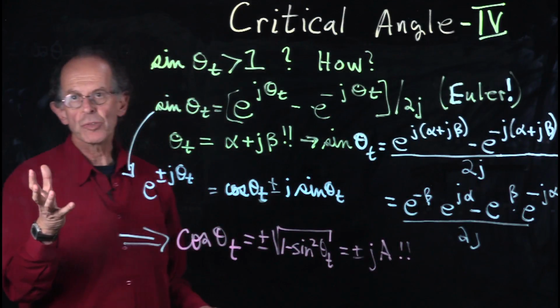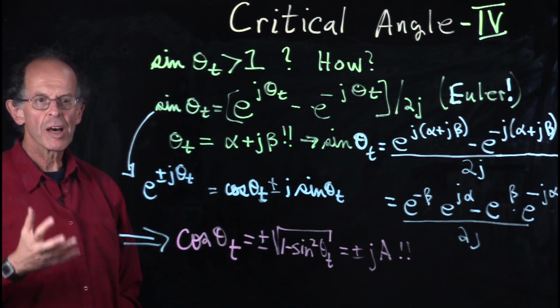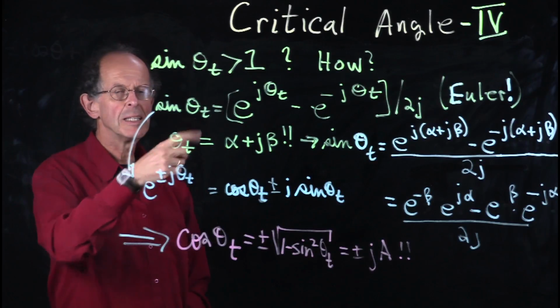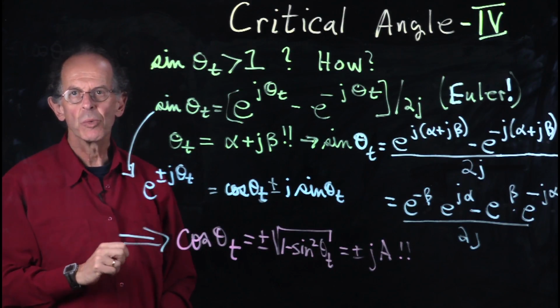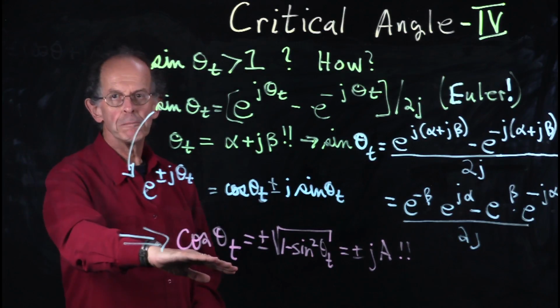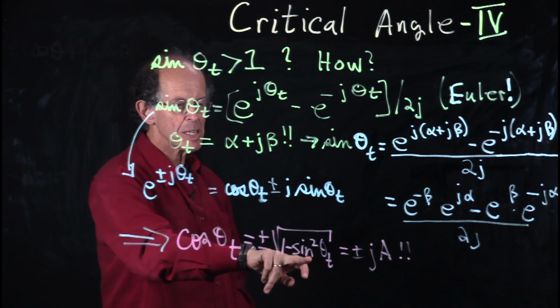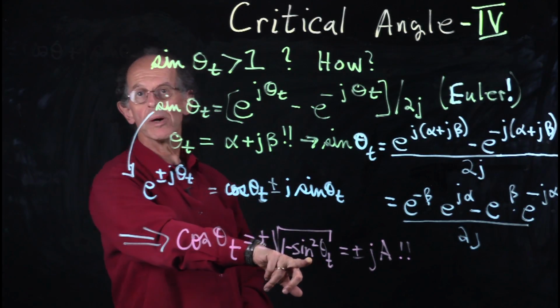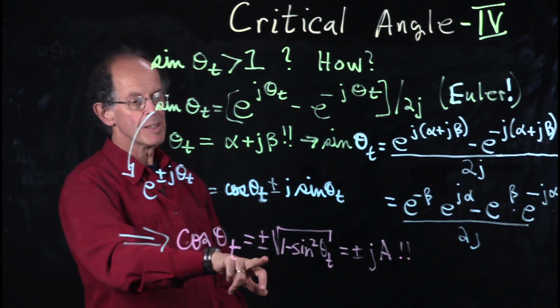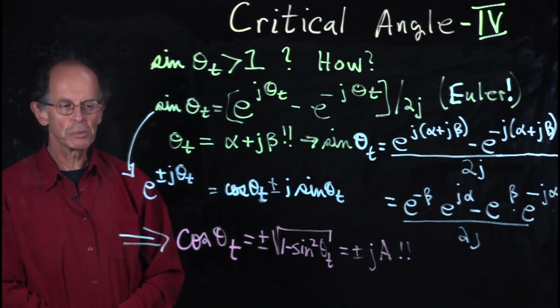Finally, since we now have a better feeling for why sine of theta t is greater than 1 when the incident angle is supercritical, when we compute cosine of theta t, we see that since sine is greater than 1 in this case, this number is purely imaginary and there are 2 possible roots.